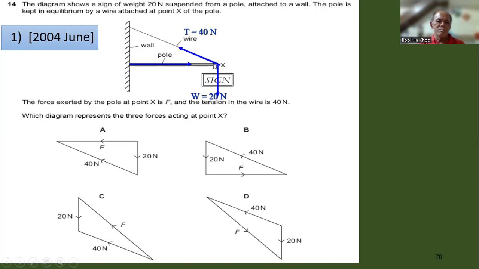Both of these are pushing inwards on the pole. So the wall is pushing on the pole. That's the reaction F. So we can draw on the diagram.